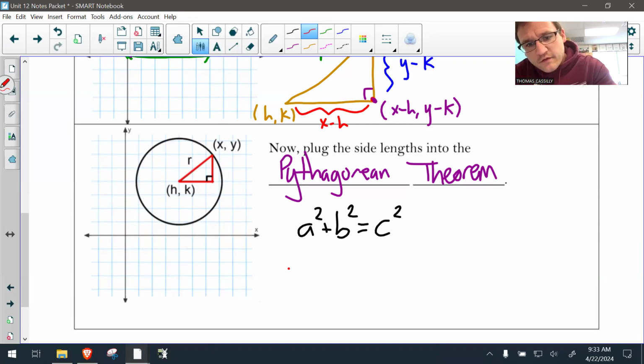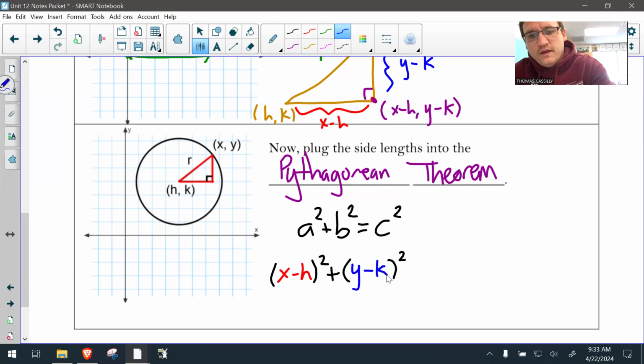I'm going to say x minus h, but we do have to square that: x minus h squared, plus the other leg, the up and down leg, y minus k squared. This equals the radius squared.